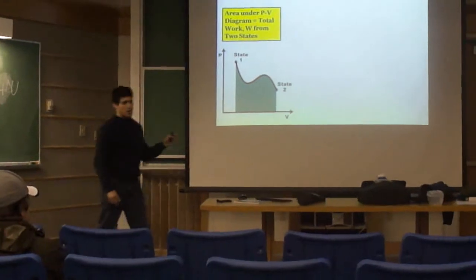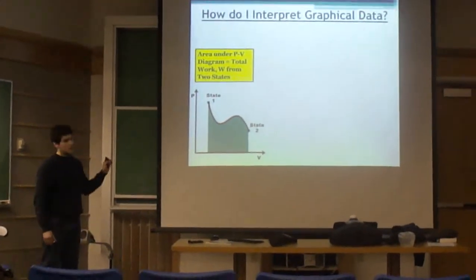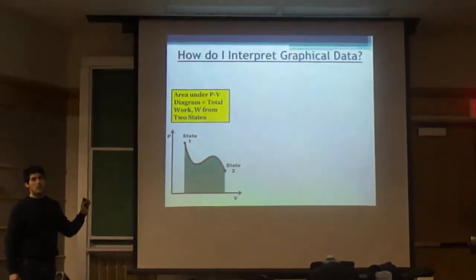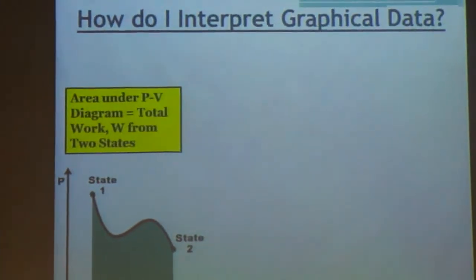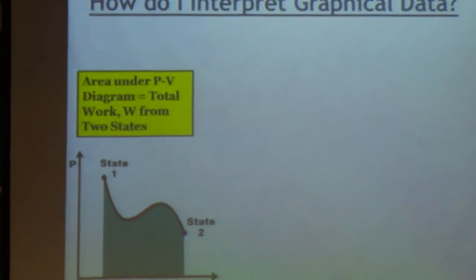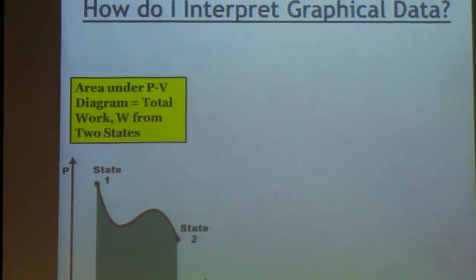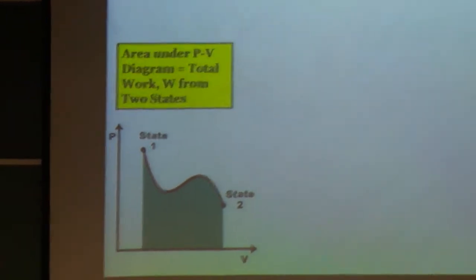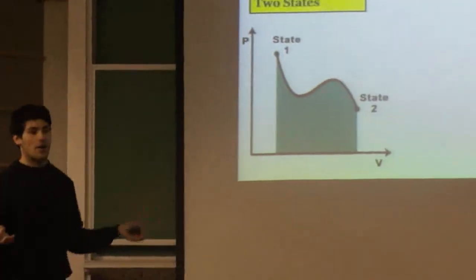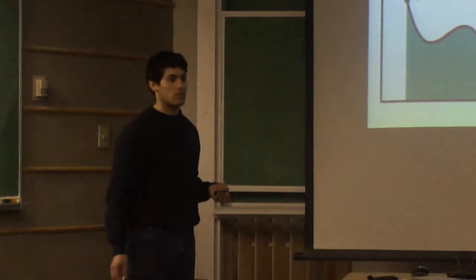Okay, another big thing. PV diagrams. I don't think that in class they're described so easily for us to understand, so that's why I wanted to add a slide here. When you're looking at a PV diagram, the work is just the area underneath the PV curve, right?